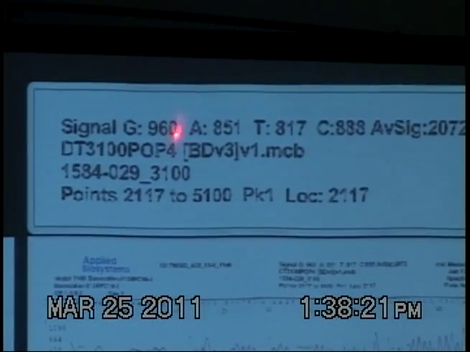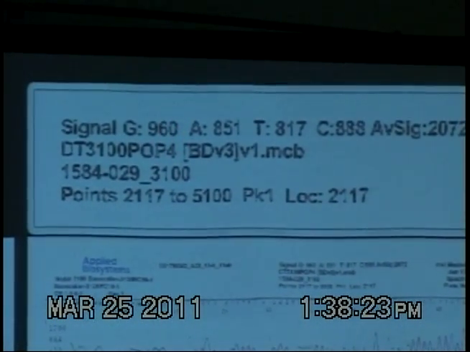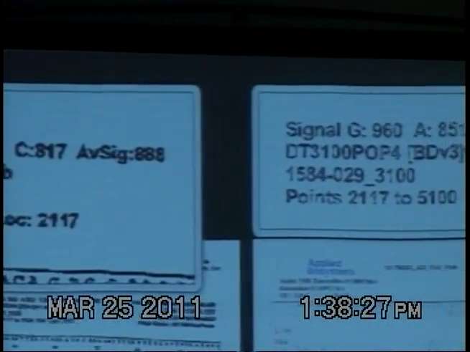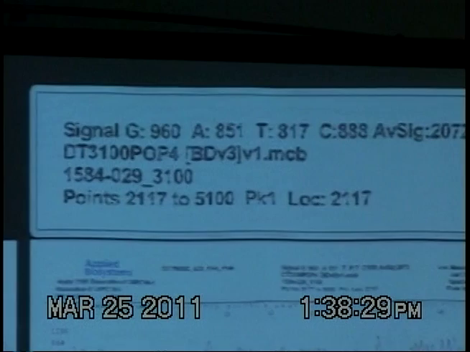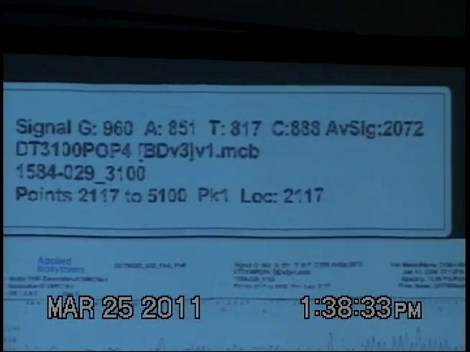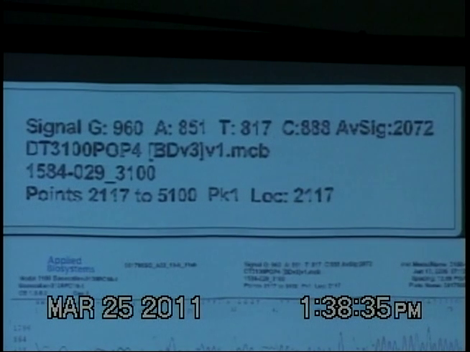You'll see that on the color version, your G is the same, 960. And the T changed. So does the A, doesn't it? The A becomes the T. Wow. The C becomes the average signal. And the average signal says 2072.